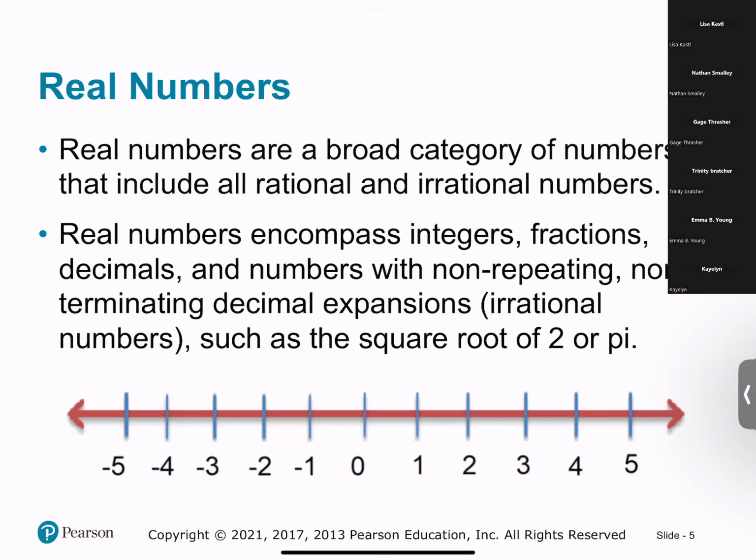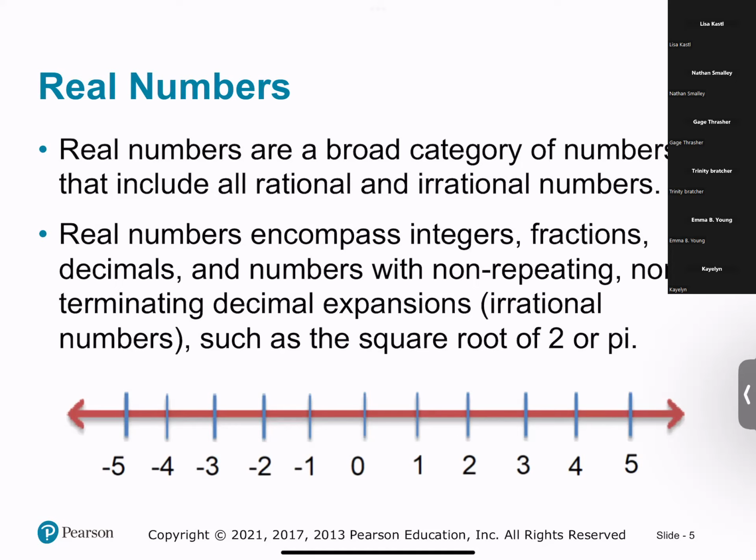So in that chapter, we'll talk about this thing called imaginary numbers. I just love how mathematicians came up with this stuff. But anyway, real numbers encompass pretty much all the numbers that we deal with. And a rational number is a number that you can write as a fraction, and an irrational number is a number you can't write as a fraction.